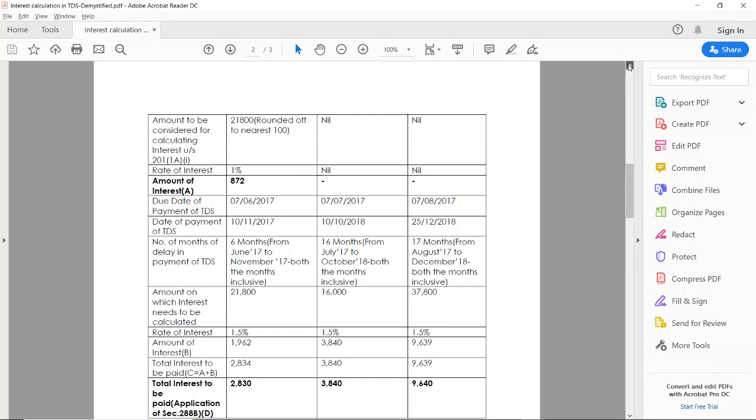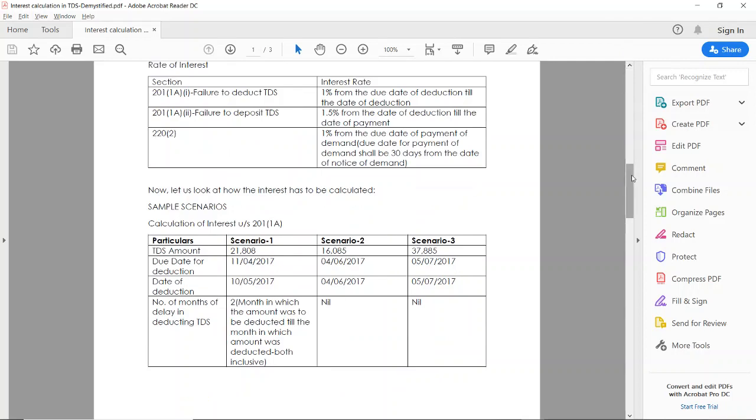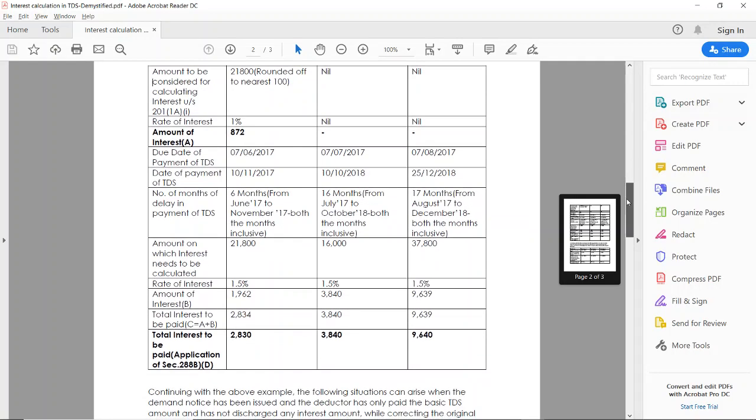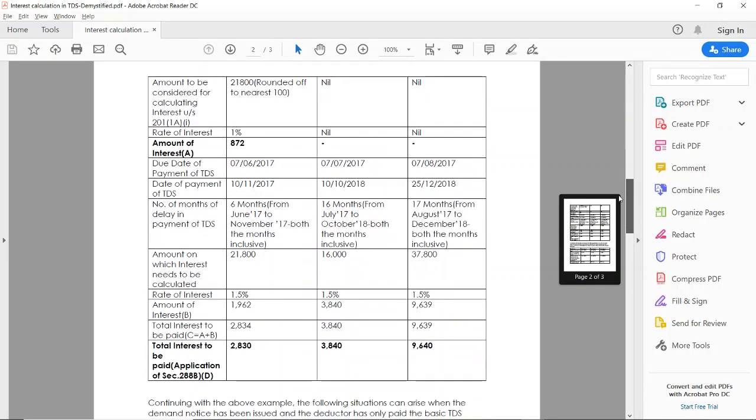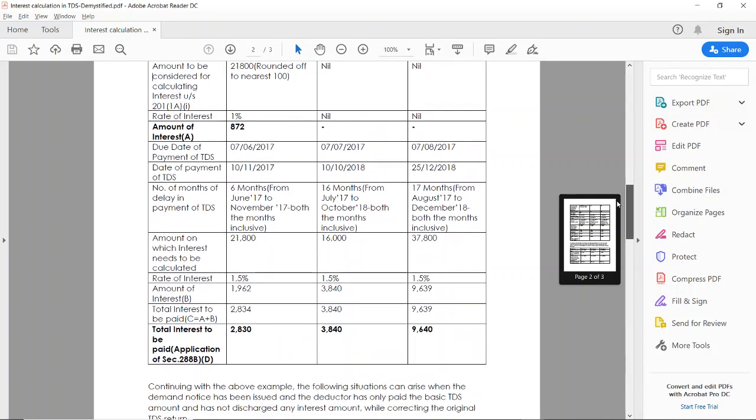Now if you again go over the interest amount for the defaulted TDS, you go to the next scenario. It is 37,885, and it has been deducted in the month of July 2017, which is the due date. However, 25th December 2018 is the date at which the deposit of TDS has happened.